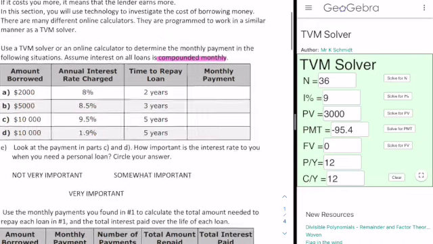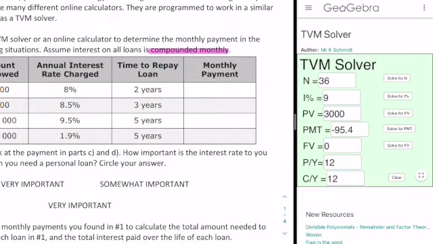So in this case, N is going to be 2 times 12, which is 24. In the next one, N is going to be 36. In the third one, N is going to be 60, and the same for the fourth.